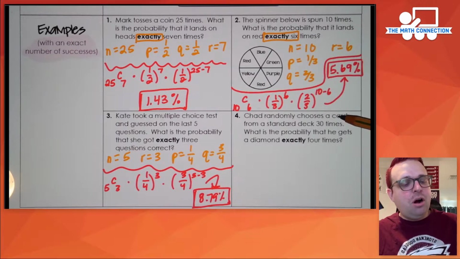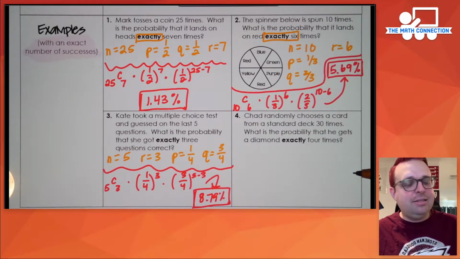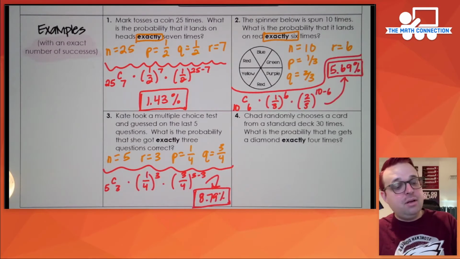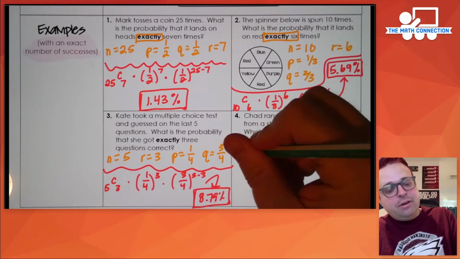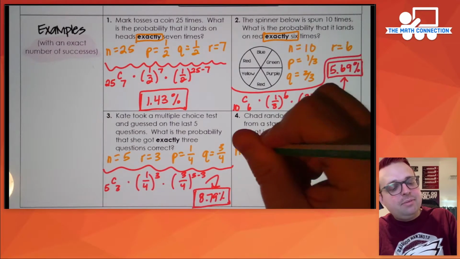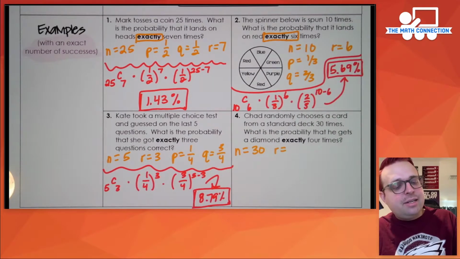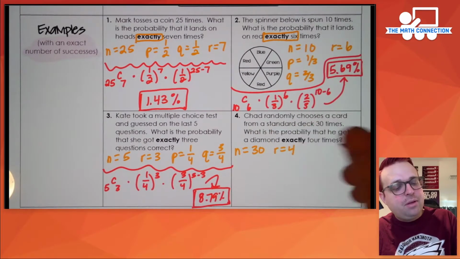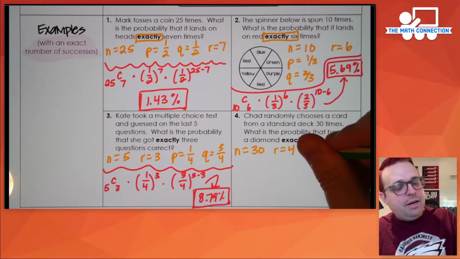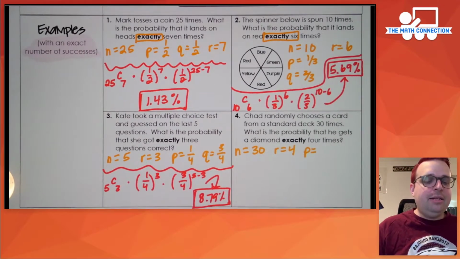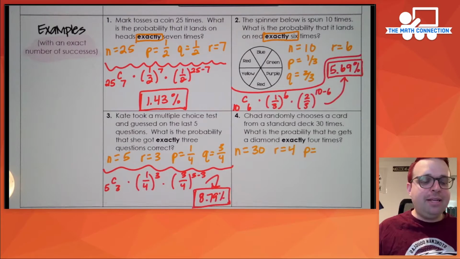Chad randomly chooses a card from a standard deck 30 times. What's the probability that he gets a diamond exactly 4 times? Well, the number of trials here is he's doing this 30 times, and our successes is 4. The probability of a success is going to be, well, how many diamonds are in a deck of cards?